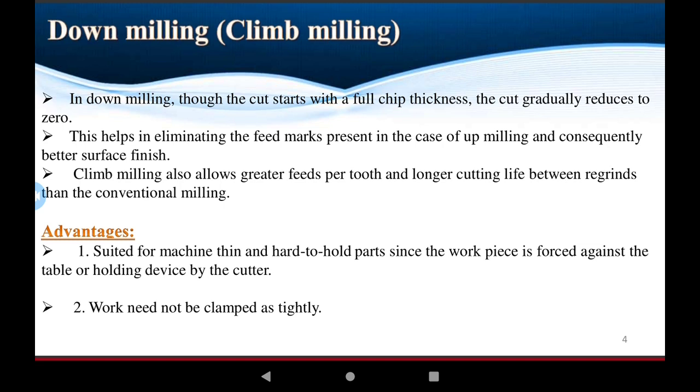Some of the holding devices are used to remove the vibration. When vibration is removed, the milling cutter performs the manufacturing operation better and produces a very smooth surface of the workpiece.